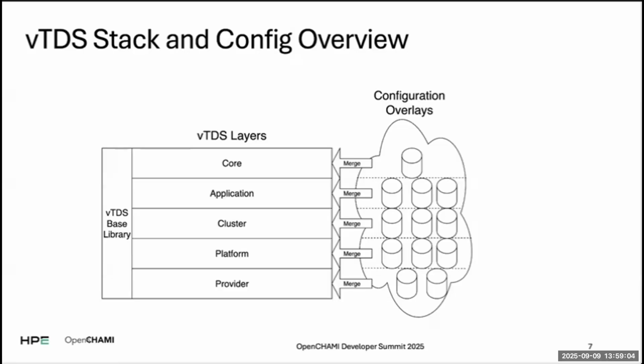And we have a platform layer that I hadn't mentioned, but we have the provider and cluster in between there. Supporting all of that is a VTDS base library, and then configuring all of that are a bunch of configuration overlays that come in and overlay on top of provider layer implementation provided base configurations.